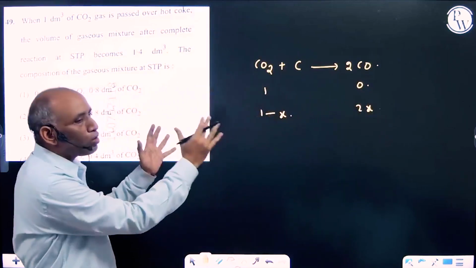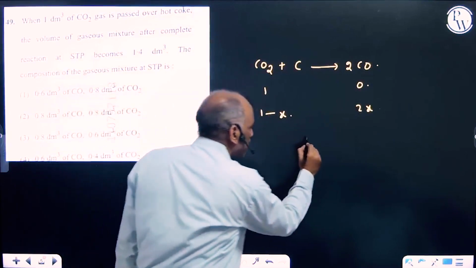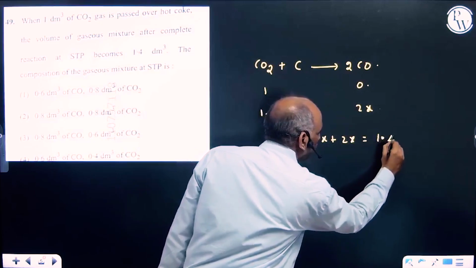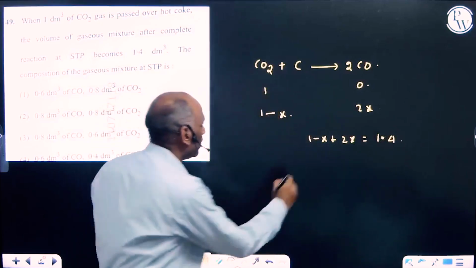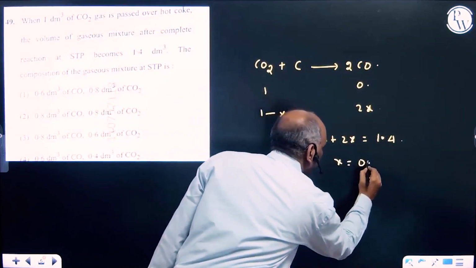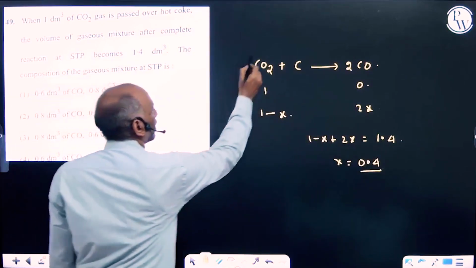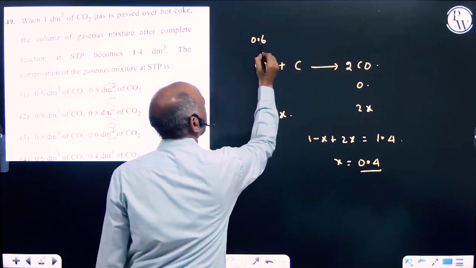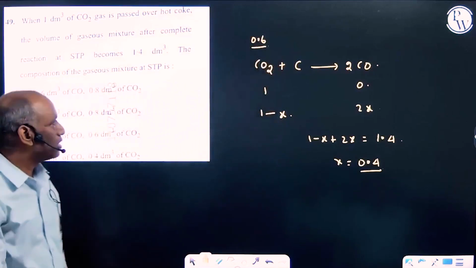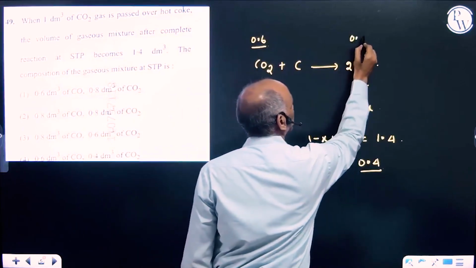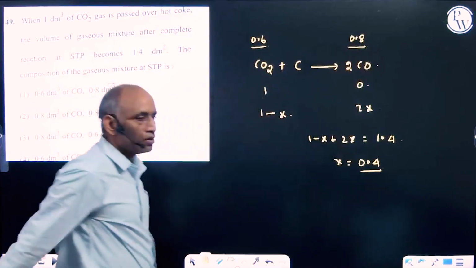That implies the total volume of the mixture is 1 minus X plus 2X, which is equal to 1.4, as given. That means the X value is nothing but 0.4. So the carbon dioxide remaining will be 1 minus 0.4, that is 0.6. And the carbon monoxide formed will be 2 into 0.4, which is 0.8.